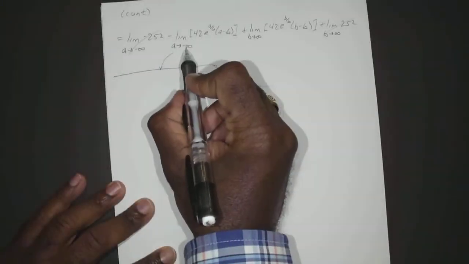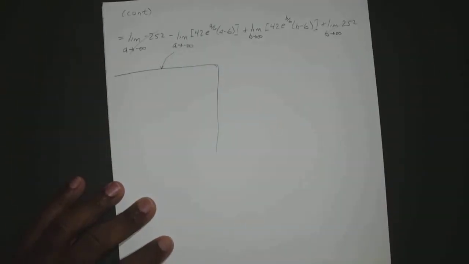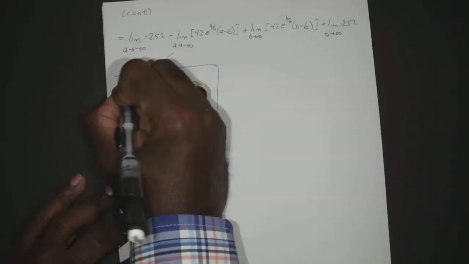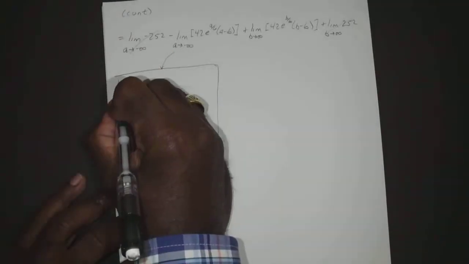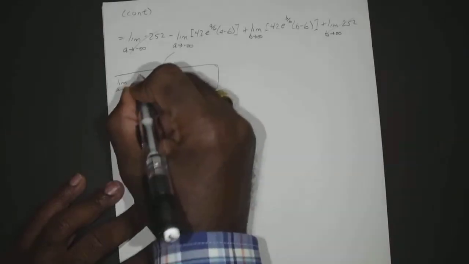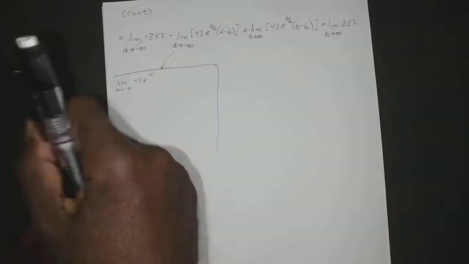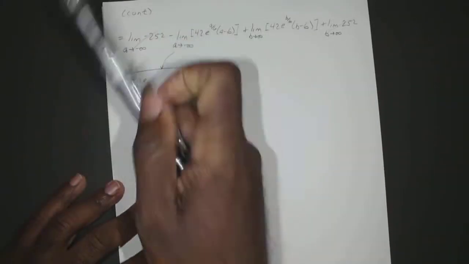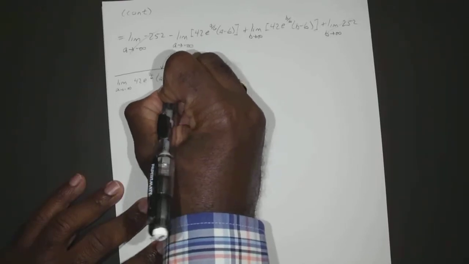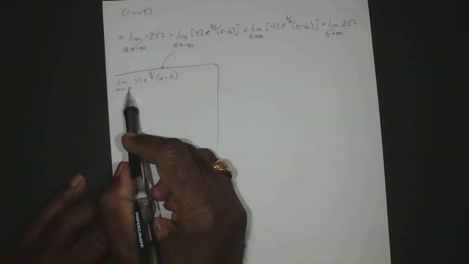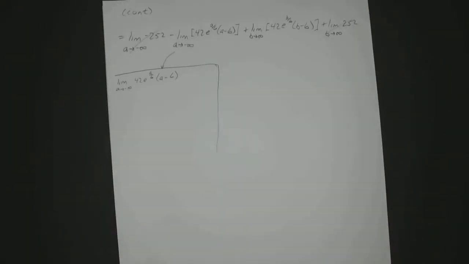Okay, so if we actually did plug in negative infinity, we'd end up with the limit as a approaches negative infinity of 42e to the a over 6 times a minus 6. Negative infinity times minus 6 is still negative infinity.